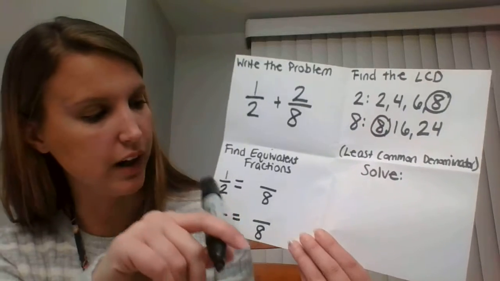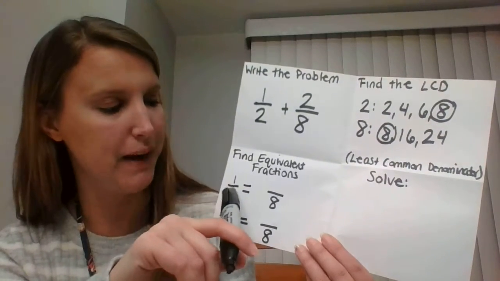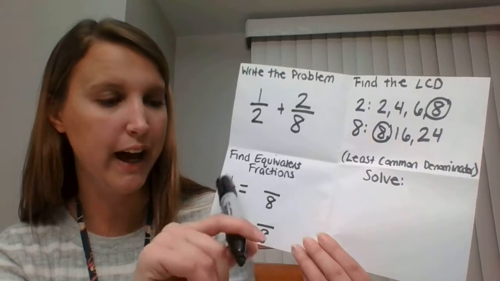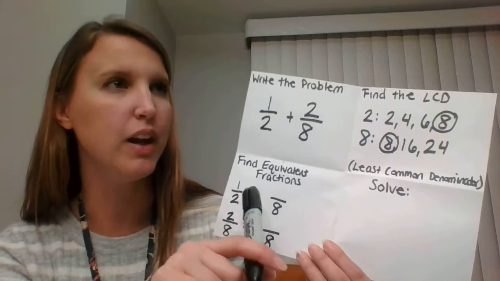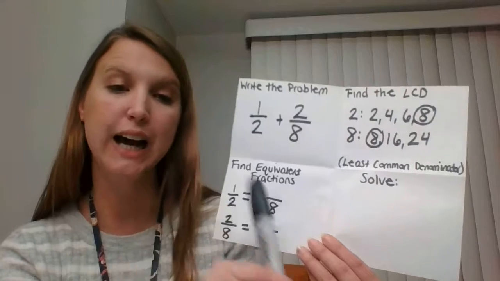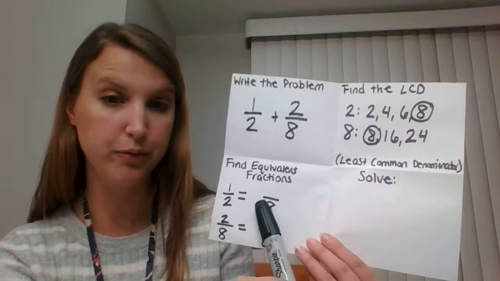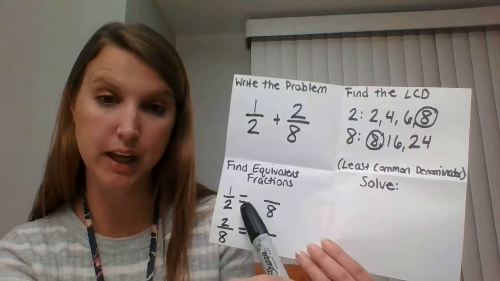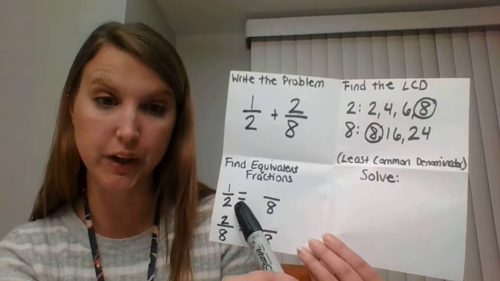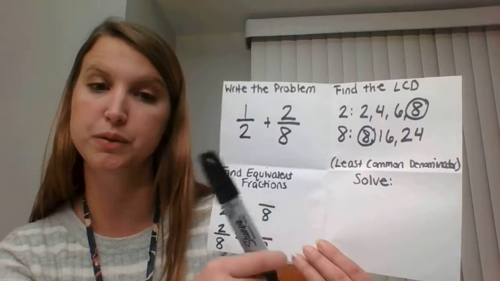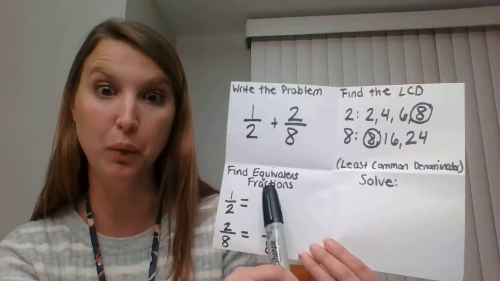So now I need to look here. What can I multiply by 2 to get to 8? How many groups of 2 equal 8? Well, I know that 2 times 4 equals 8. And remember, with equivalent fractions, whatever I do to my denominator, I have to do to my numerator. So that means 1 times 4 is also going to equal 4, right?